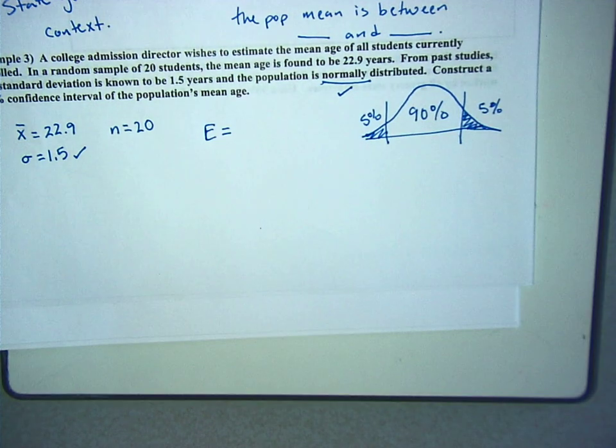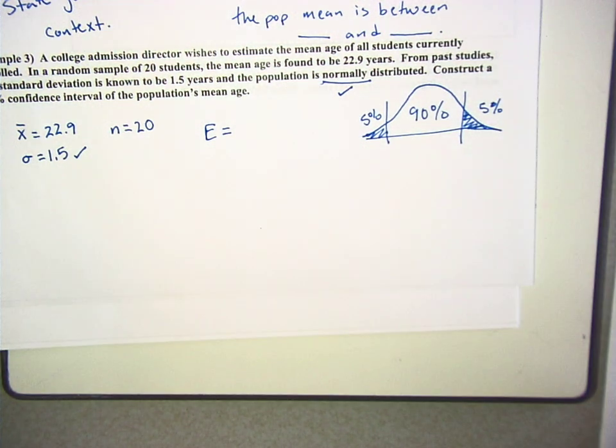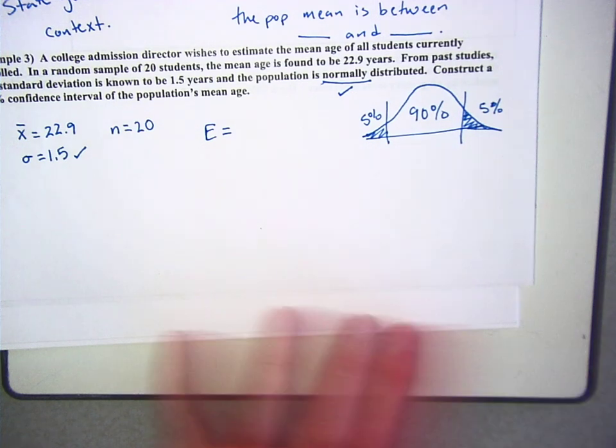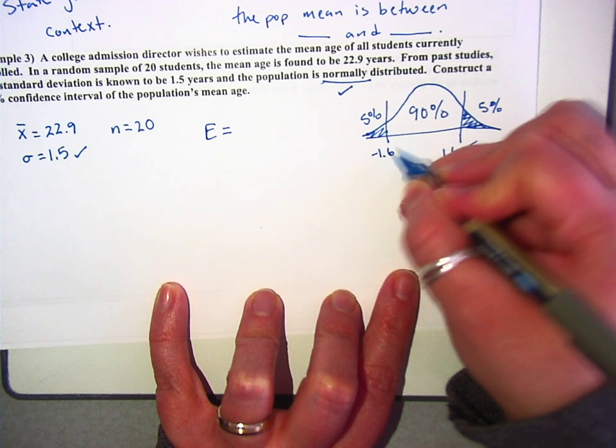Everybody look up 0.05 in the middle of the table. Do you see how one spot is 0.0495 and one spot is 0.0505? So this is an instance where we're going to use 1.645. This is positive 1.645. This is negative 1.645.